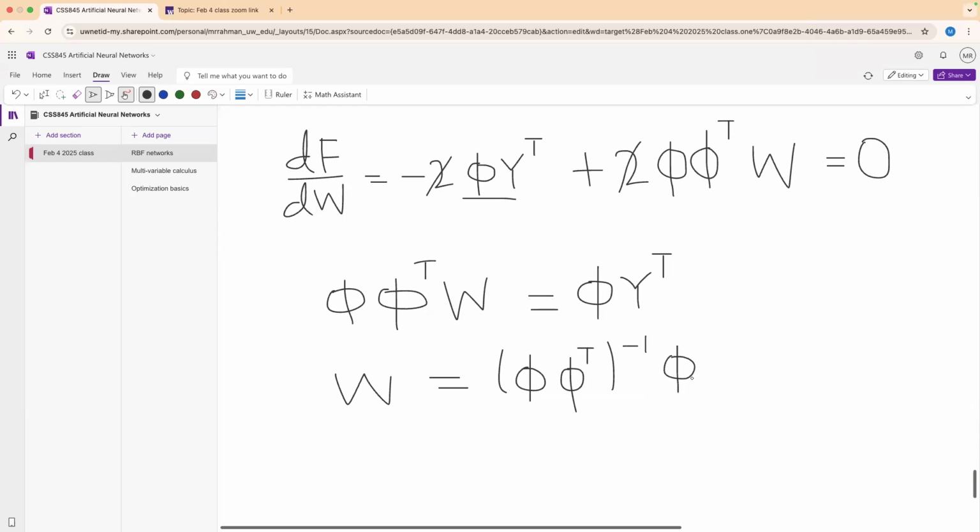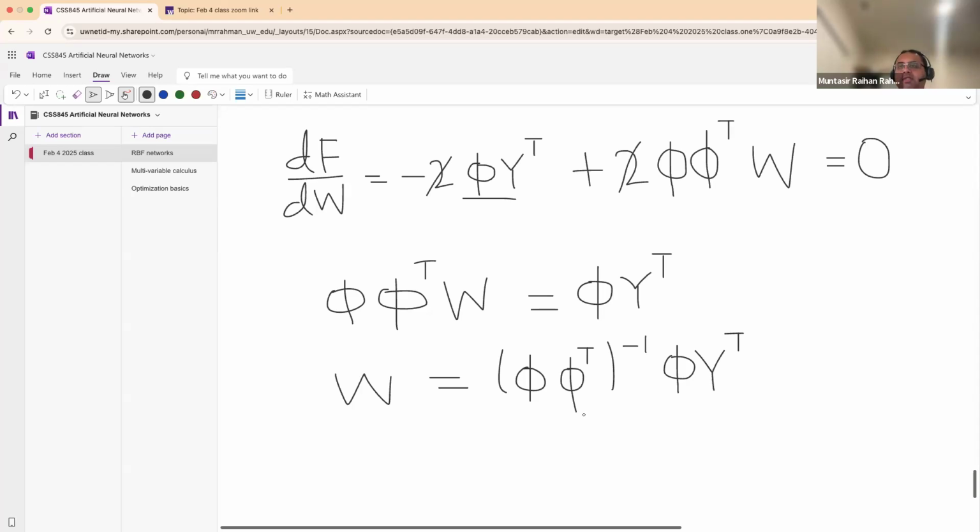It's a square matrix, multiplied by exactly this. And we know that if it's a square matrix, then we also need to make sure that it's invertible. We looked at this in the previous class, right?